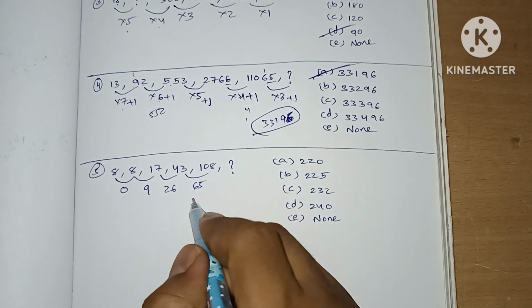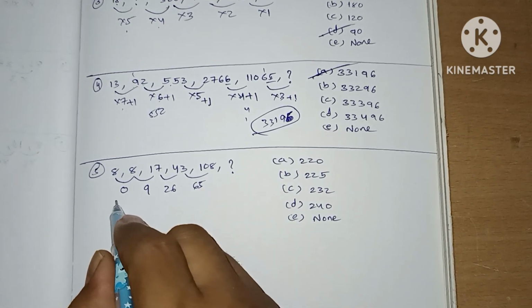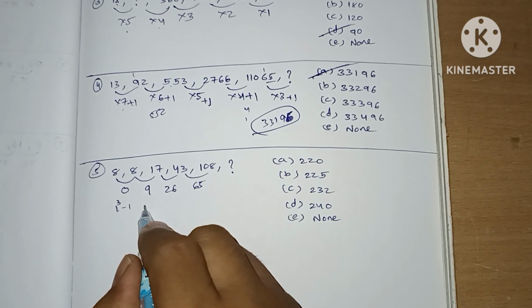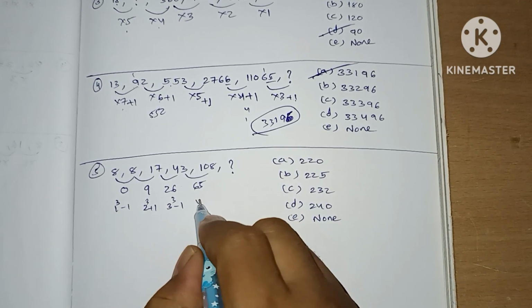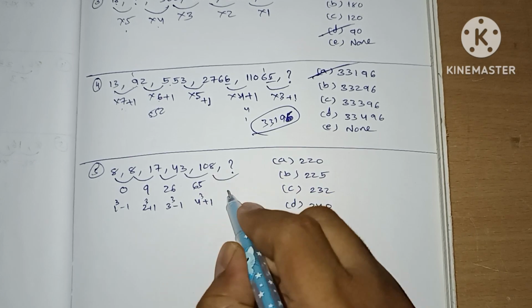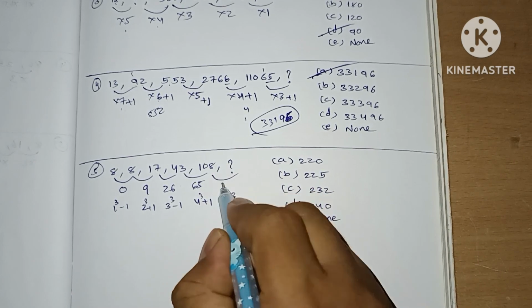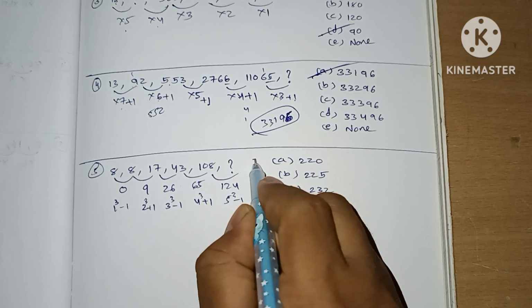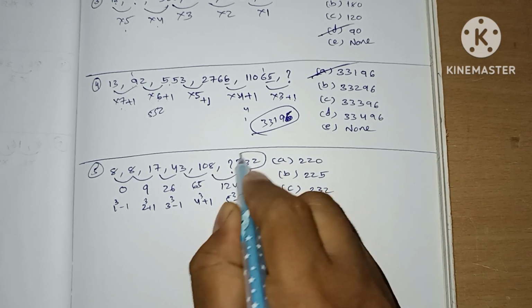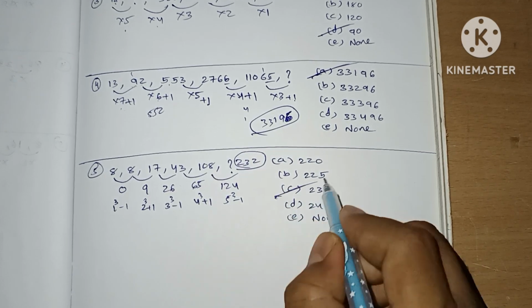These numbers are familiar to me as 1 cube minus 1 and 2 cube plus 1, 3 cube minus 1, 4 cube plus 1. So the next one must be 5 cube minus 1, which will be 124. 108 plus 124 will be 232. 232 is our answer. Option C is our answer.